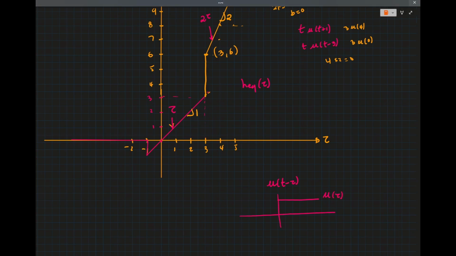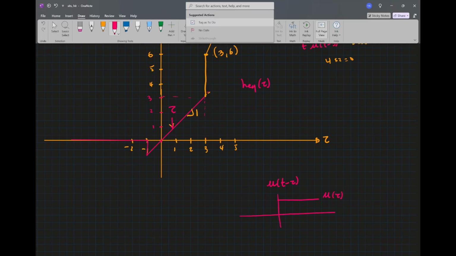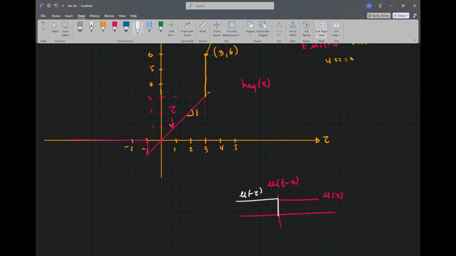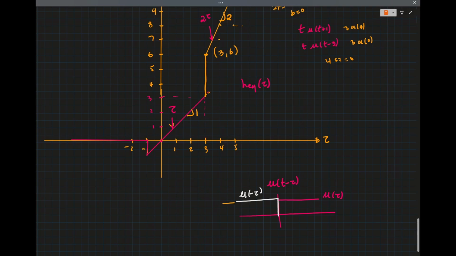Then u of negative tau is this. Then u of this is 0, so t plus 0. So that will be u of t minus tau.